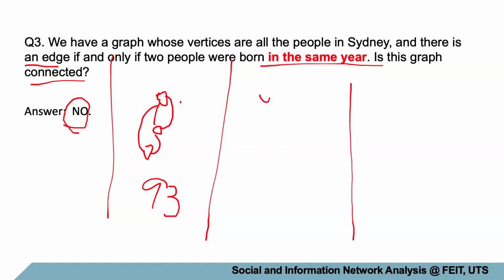But for all the people in Sydney, the whole graph is not a connected graph. I think it's quite simple, right? But I just stopped drawing.